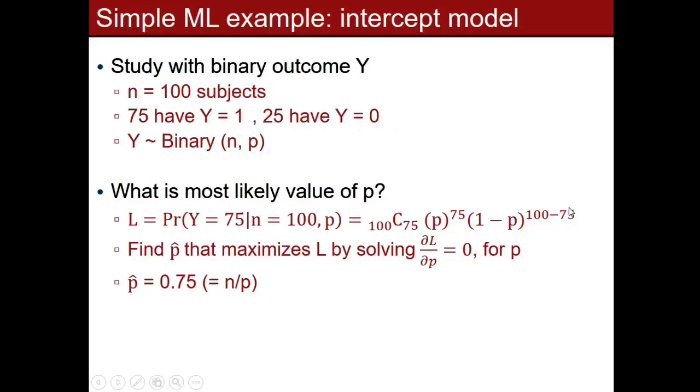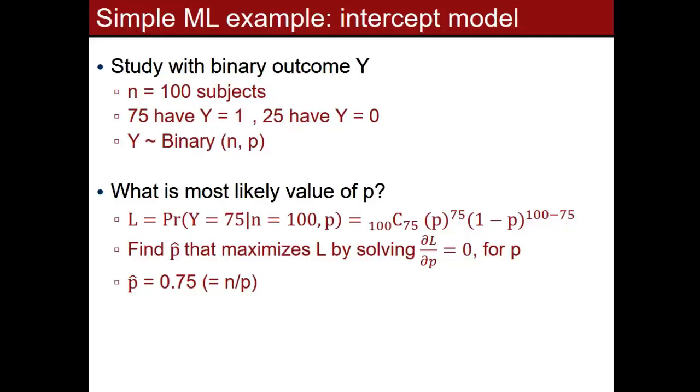Imagine you didn't know what the probability of disease was. I parachute you into a village, and your job is to sample 100 people and figure out what proportion of them have condition Y. You take your blood or your surveys or whatever, and you come back and say 75 have Y. You want to make some inference: what's the probability of Y?